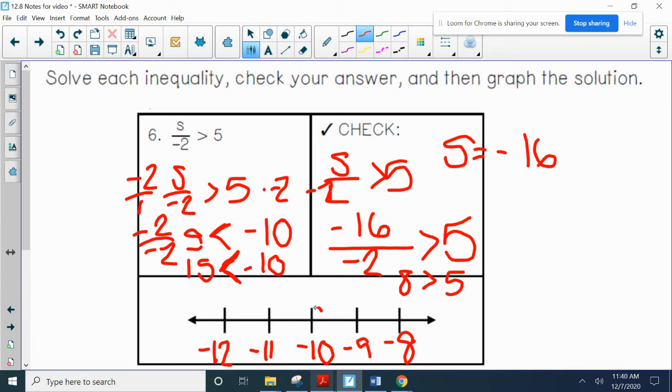And we have no or equal to, so did we do an open circle? Well, it is an open circle. Did you do an open circle? Why? Because it doesn't also equal negative 10. It can't equal negative 10. We checked negative 16, so we know that all those numbers less than negative 10 are going to make it true. And again, S comes first, so that inequality is pointed to the left. So we know that we did it right.